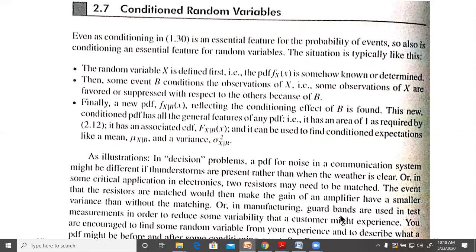If you put less guard band, how much will be the variability? This can be checked. The variability of the measurement will depend upon the guard band. So the guard band is like B, and the measurement of whatever test we are doing is the event X. Like that, you can have many different examples. You can think of your own examples also, right?